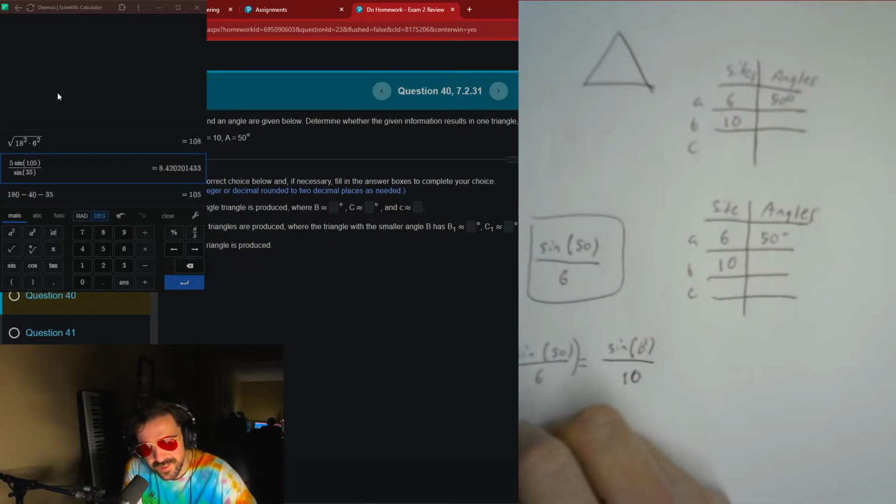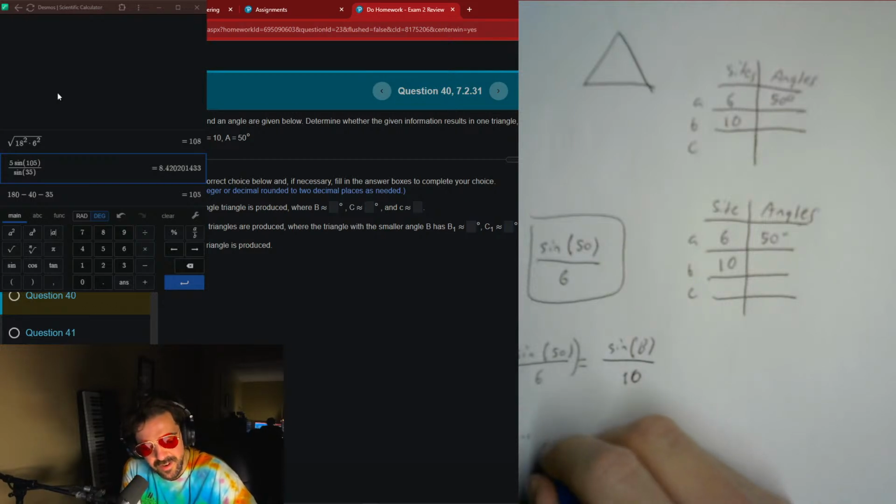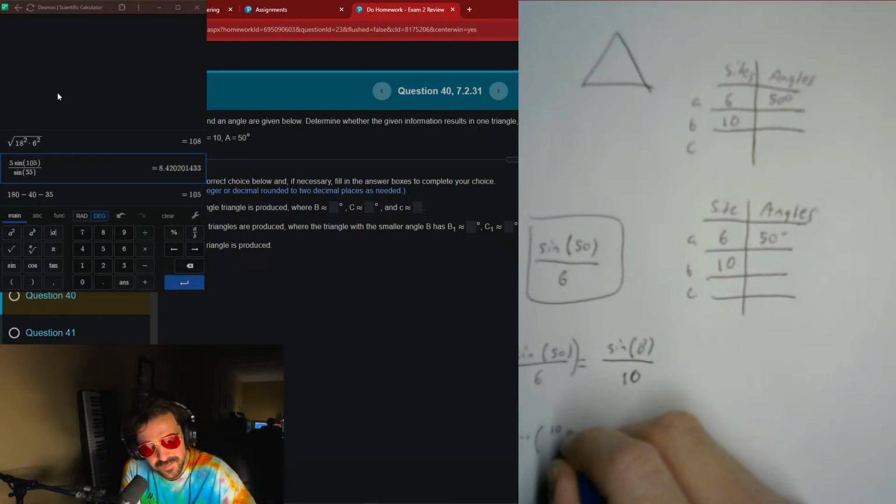So that gives us sine inverse of 10 sine 50 over 6, I think.